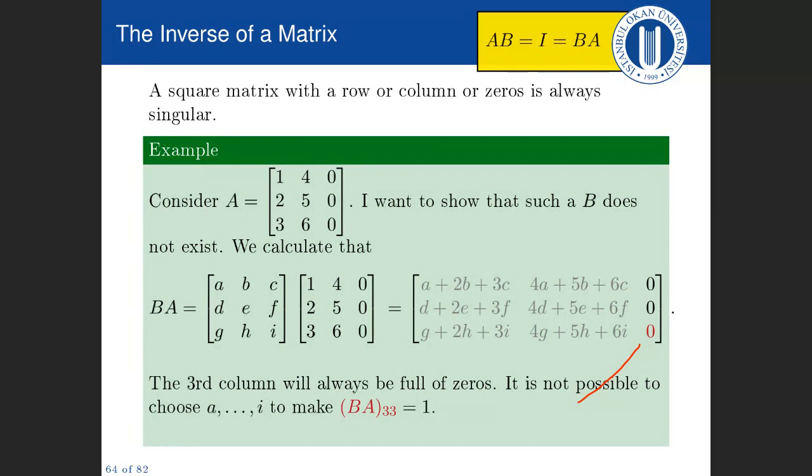It's not possible for this red entry to be a 1. It's not possible to choose A, B, C, D, E, F, G, H, I so as to make this red entry equal to 1. So it's not possible to choose a matrix capital B such that BA is the identity matrix. So A does not have an inverse. That means A is singular.